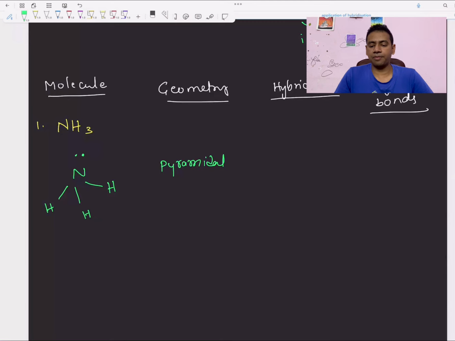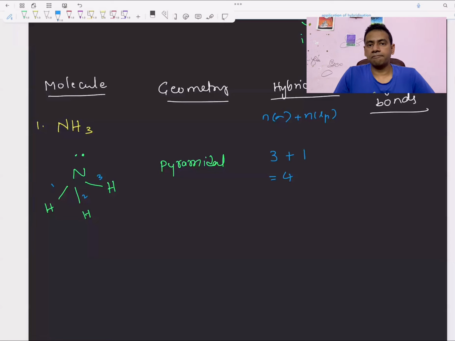Now, telling hybridization. How to tell hybridization? Count the number of lone pairs and the number of sigma bonds. Now see here, this is 1, 2, 3 sigma bonds. Therefore 3 sigma bonds plus 1 lone pair. So the number of sigma bonds plus the number of lone pairs is going to be 4.